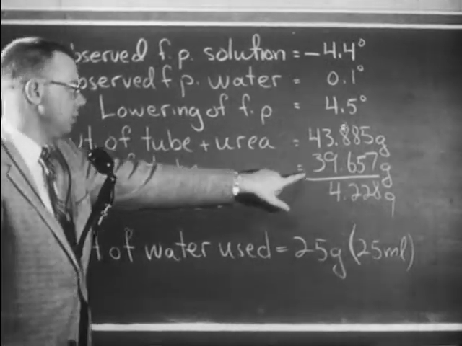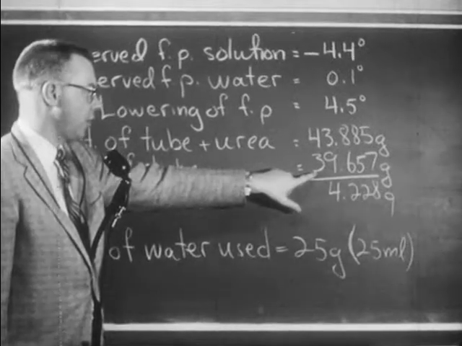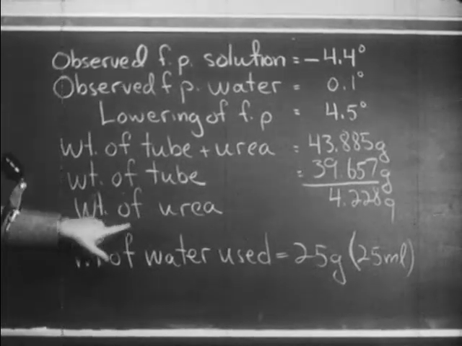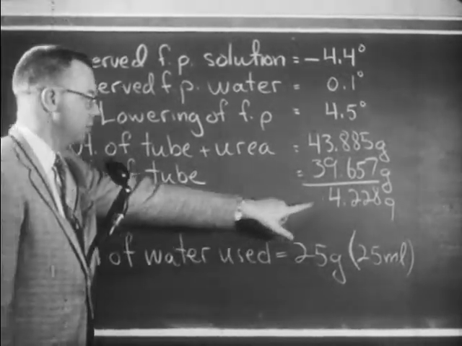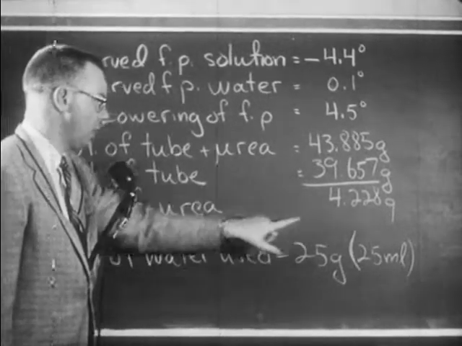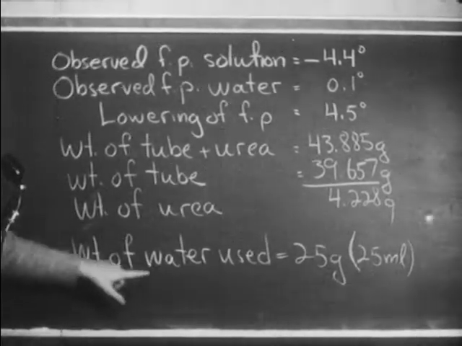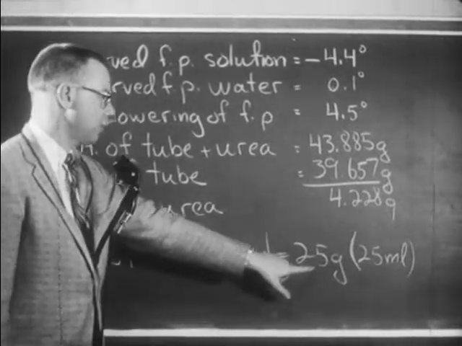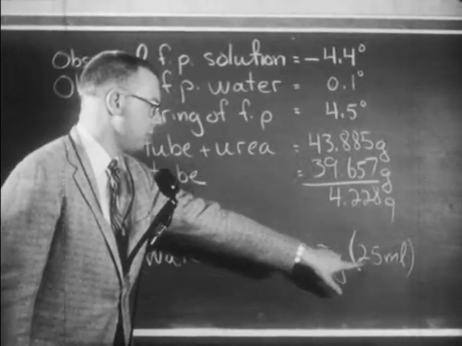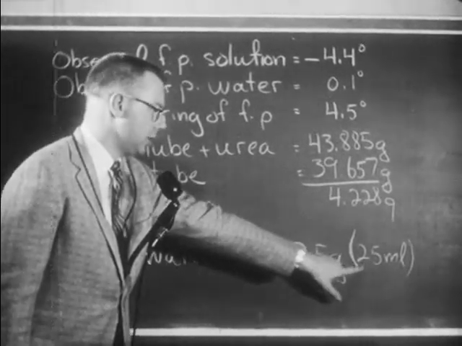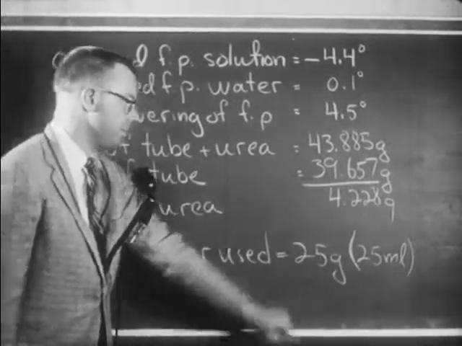The weight of the empty tube, 39.657 grams, meaning that the weight of urea present in this experiment was 4.228 grams. And the weight of the water in which this urea was dissolved was 25 grams, because we used 25 milliliters of water, and the density of water is approximately 1. From this data, we will now proceed to calculate the molecular weight of urea.